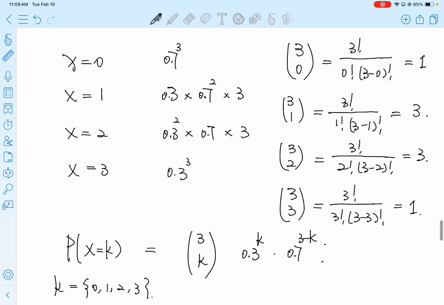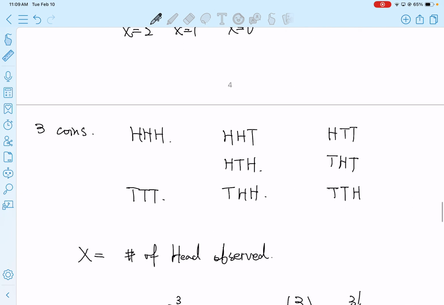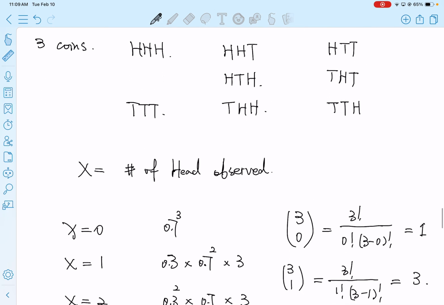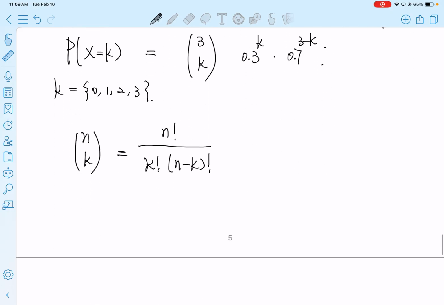So the leading binomial coefficient in the front will collapse the counting part from 8 different outcomes into how many heads we can observe. And then this will give us the binomial distribution.